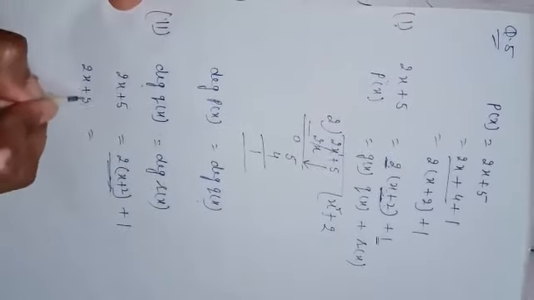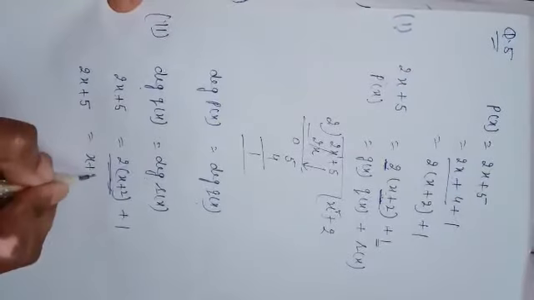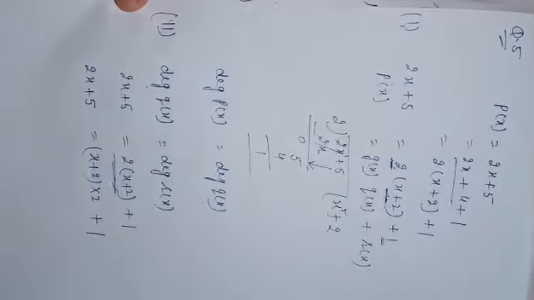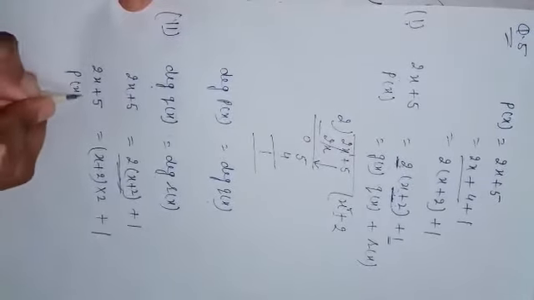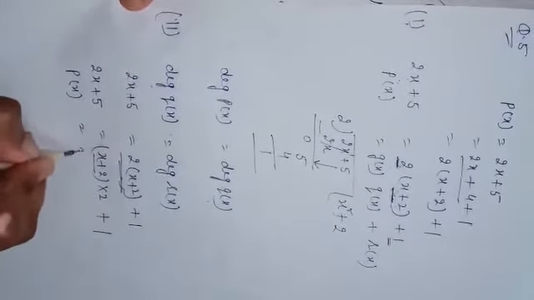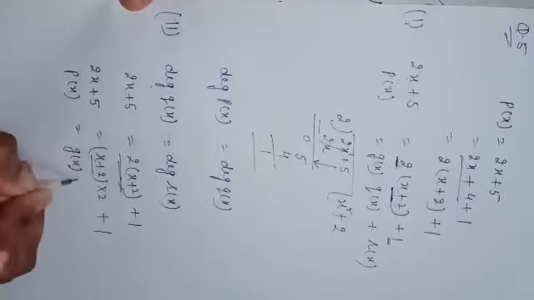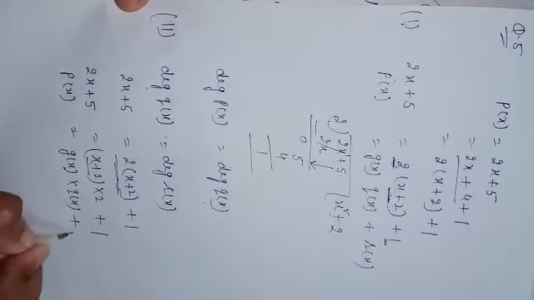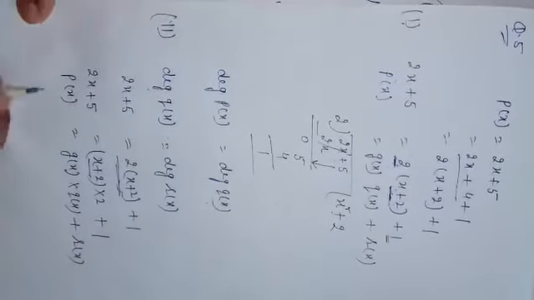So how to write? 2x plus 5 as it is, and x plus 2 we will write first, then 2, and plus 1. It means here p(x) is 2x plus 5, g(x) is x plus 2, and q(x) is 2, and the remainder is the same, that is r(x).